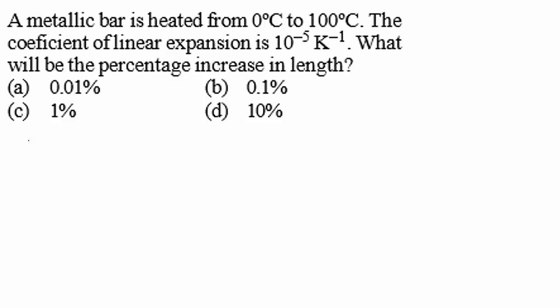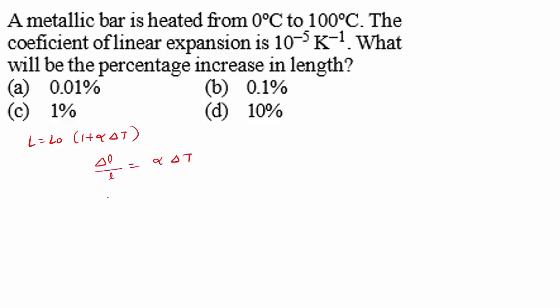So we know the equation L equal to L naught into 1 plus alpha delta T. Here alpha is the coefficient of linear expansion, or we can directly use the equation delta L divided by L equal to alpha delta T. I am going to use this equation because we have to calculate the percentage increase in the length. Delta L by L and alpha delta T values are given.